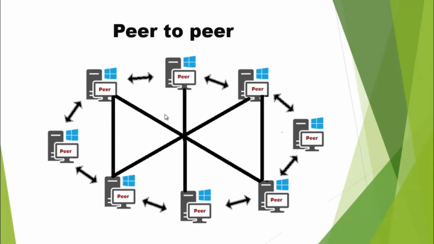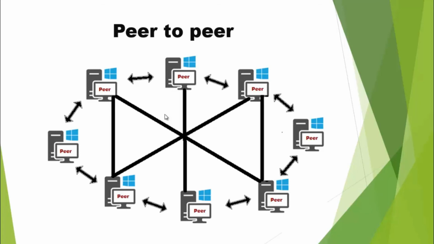So there is no main server between them, so they can act as a client or server at a time. Each computer plays the role of a server or a client or both at the same time in a peer-to-peer network. This is also suitable for a small network. So this comes inside the characteristics of the peer-to-peer network.